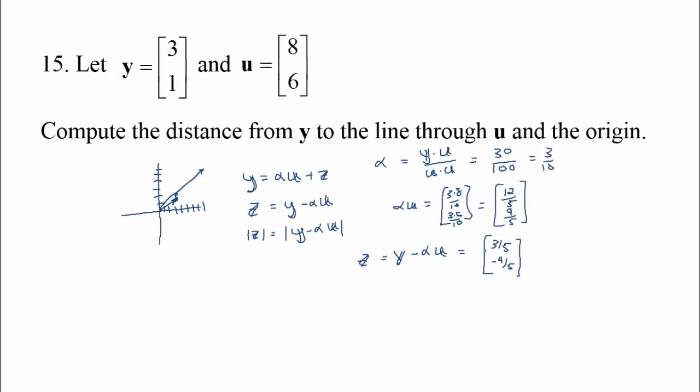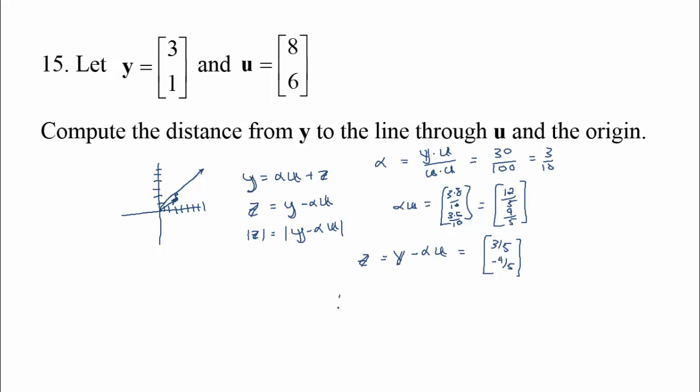Now I should check real quick, because if we've calculated alpha correctly, z should be perpendicular to u. If we dot u and z together, we get 24/5, because 3 times 8 is 24, but 6 times negative 4 would be negative 24/5. So yes, z is orthogonal to u, and it seems like we've calculated z correctly.